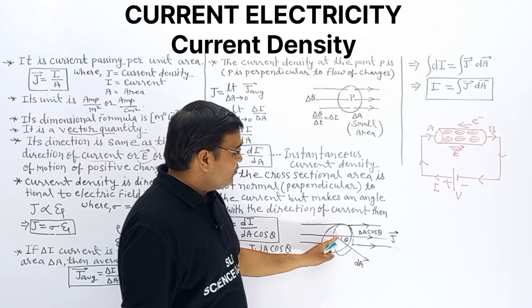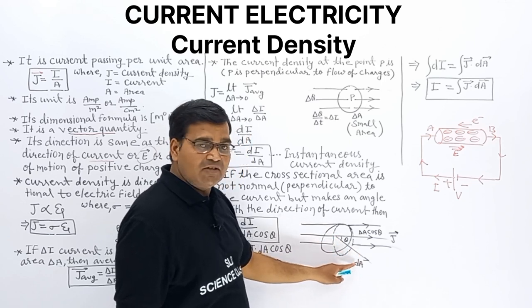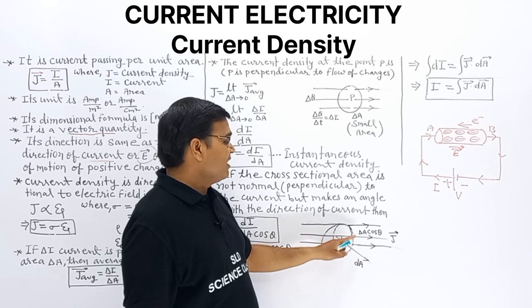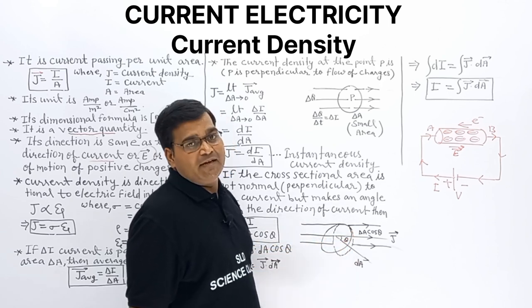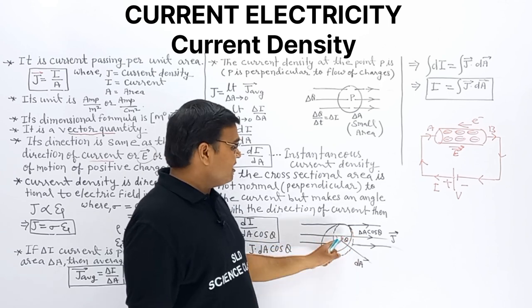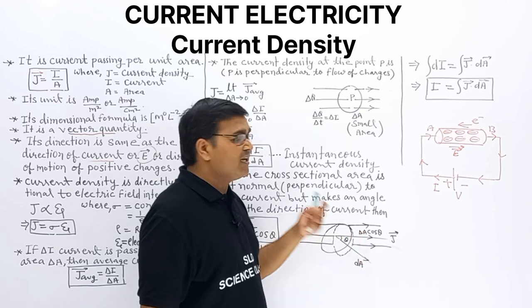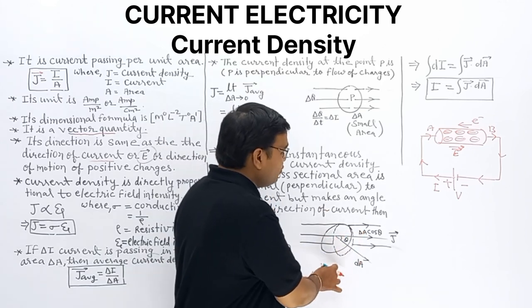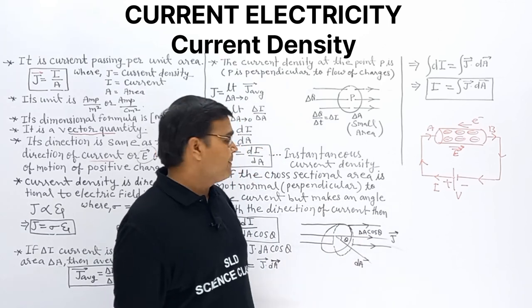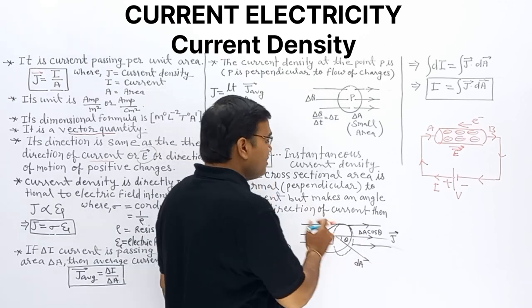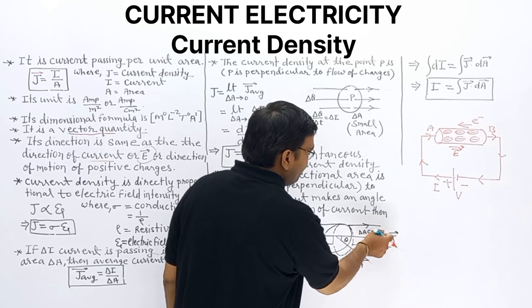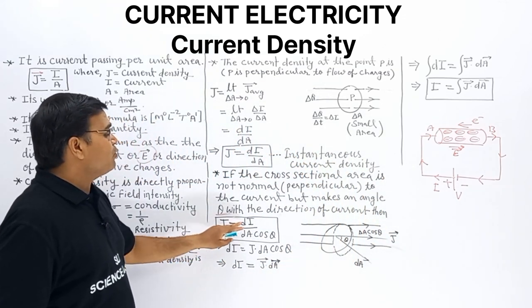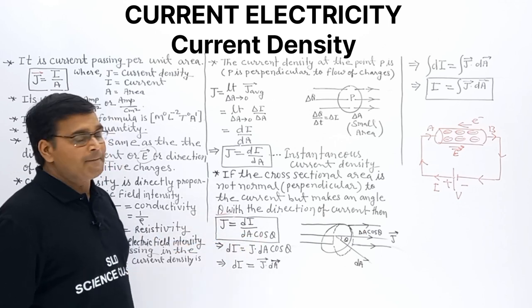Clear? Then when its small area is dA, we take its components. With theta we get the cos theta component, and its perpendicular component will be sin theta. So in the direction of the current, we get this component. So we can say J equals di by dA cos theta.